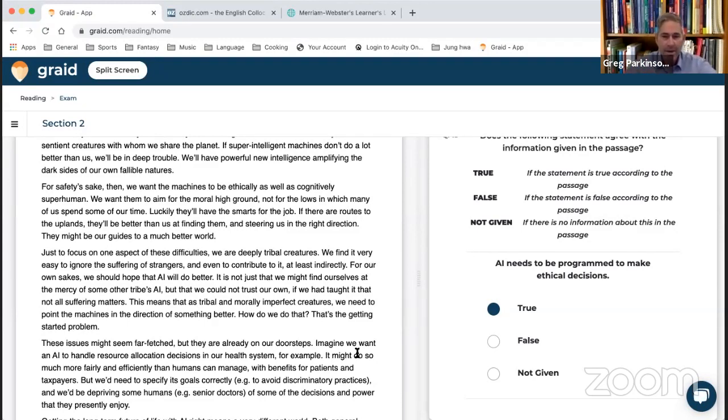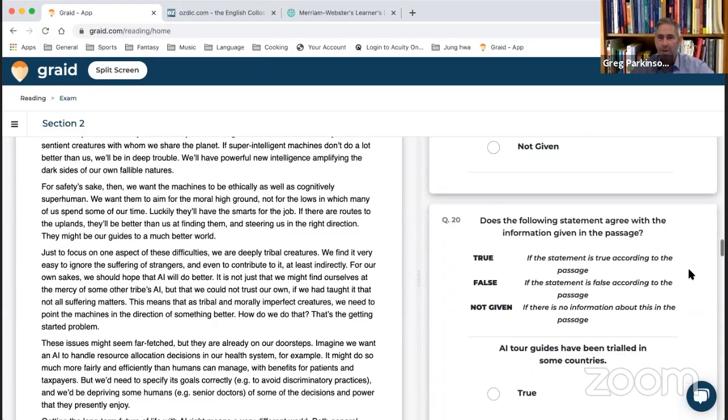It might do so much more fairly and efficiently than humans can manage, right? With benefits for patients and taxpayers, but humans would need to specify its goals correctly, right? So we would have to tell the robot what the goals of the hospital are. So that means if it's a robot, we need to program it, right? So definitely one of the harder questions in this section, but hopefully you can understand now.